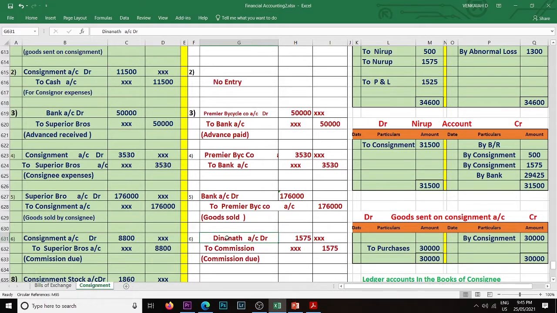Okay, here consignee, consigner account data. Commission account 8,008.